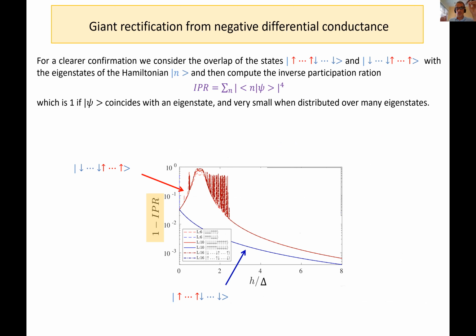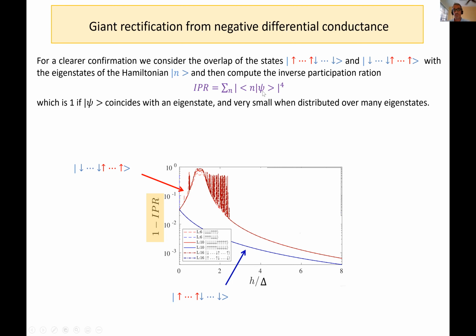We can look at these two states, the half spins up and half spins down, or the opposite, and look at their IPR with the eigenstates of the Hamiltonian. To do this, it's easy to compare with a system size of 16, for example, which is easy to simulate. What is the IPR?